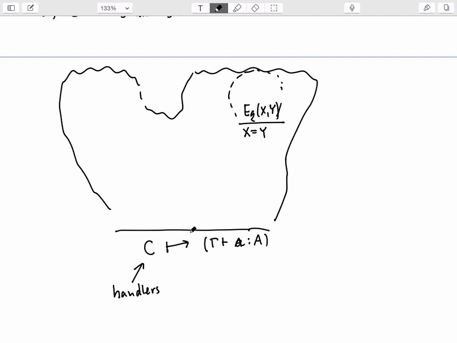Right? So I first run my C without any handlers. It gets stuck because it doesn't know how to do this equality thing. And then I say, oh, but I know how to do this equality here because I have an assumption, and I could just tell the computer that it has to use that assumption. So I would install a handler which says, by the way, when you get to this situation, you can use that particular assumption and you will be done.